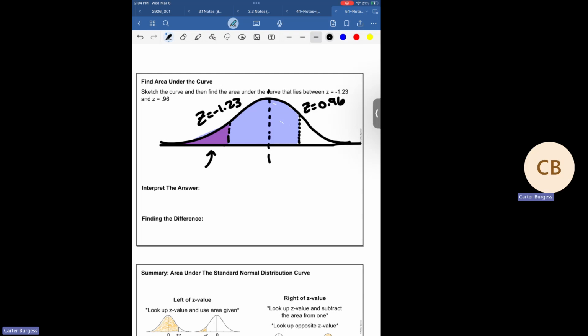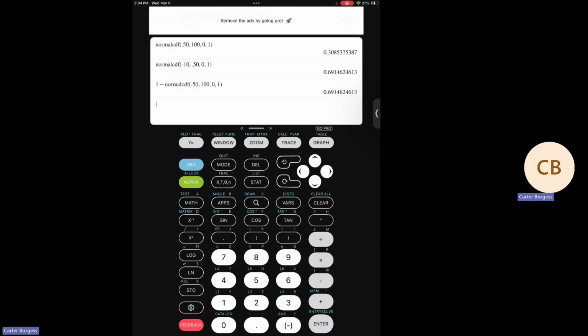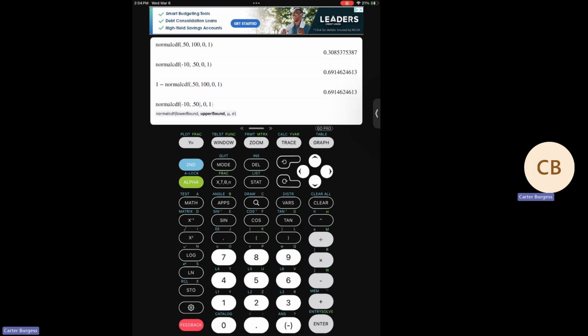Okay, so what we could do here, and this would totally work, we could take the area to the left of 0.96, and we could subtract away the area to the left of our leftmost z-score, which is negative 1.23.